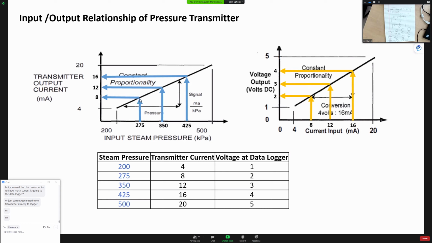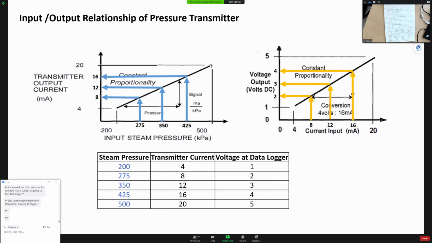At 275, you have 8 milliamps, at 350, you have 12, at 425, you have 16. Any point on this line has a related pressure and a related current. So those are directly proportional, and the proportionality is constant.